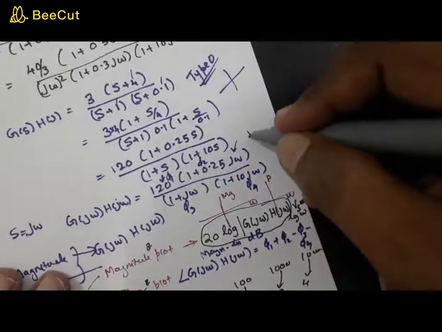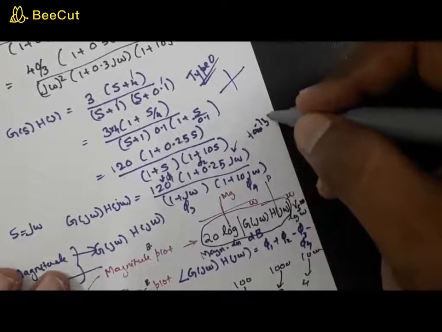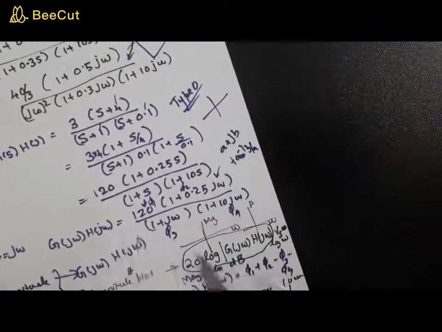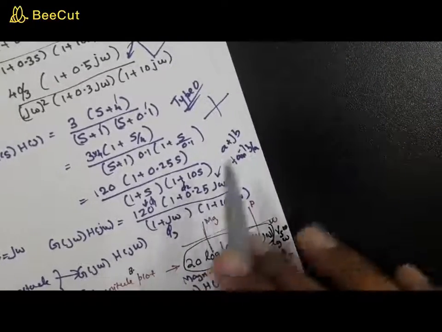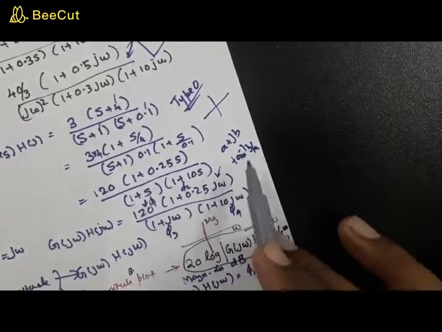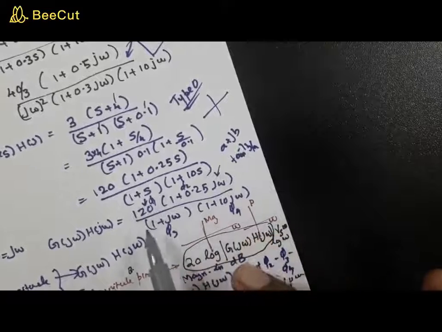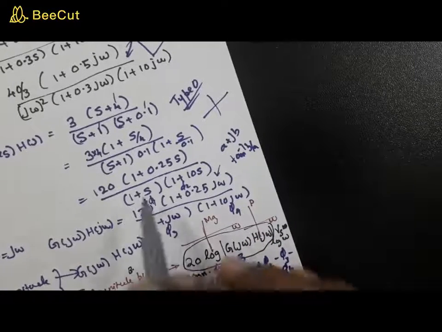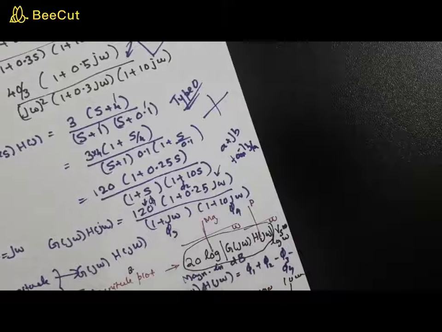Individually take tan inverse b by a for the factors a plus jb. Now all the factors are in the form a plus jb, so apply tan inverse b by a to get the individual phases of each term, and you get the numerator phase minus the denominator phase. That's how you will find the total phase.